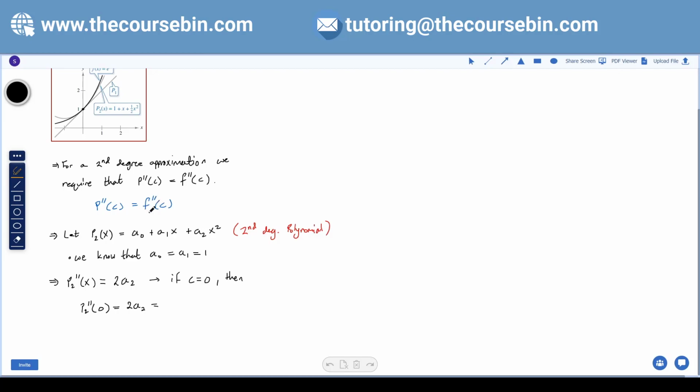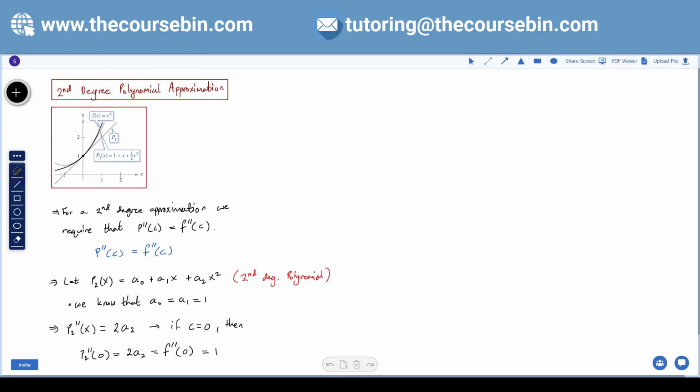And we want that to be equal to f double prime of 0. And we're still using the same f of x. So in fact, let me just write that here.